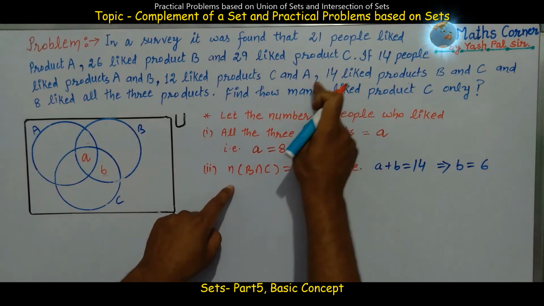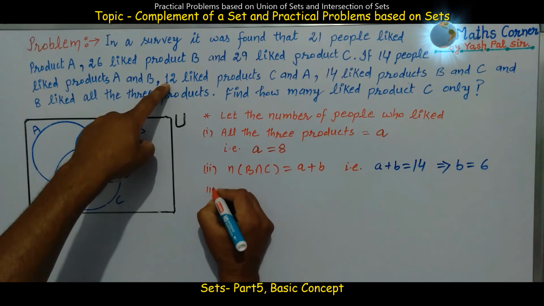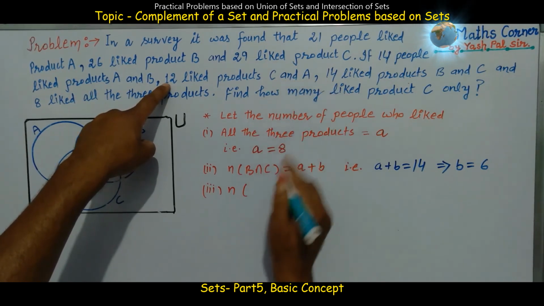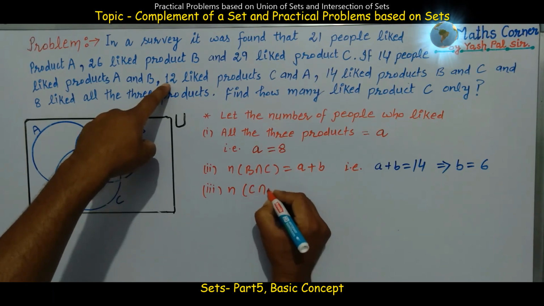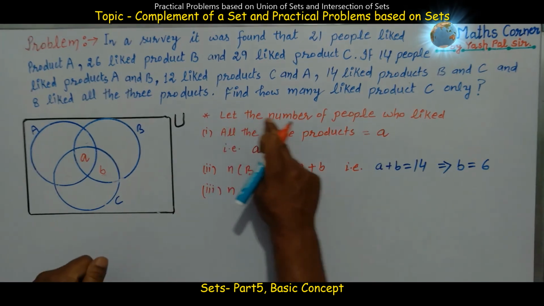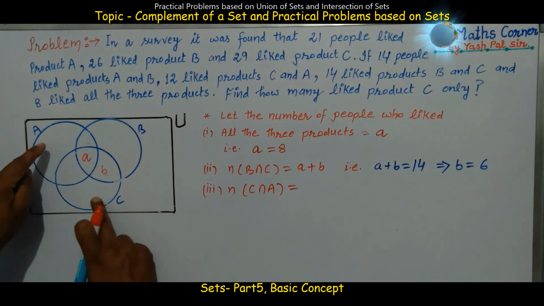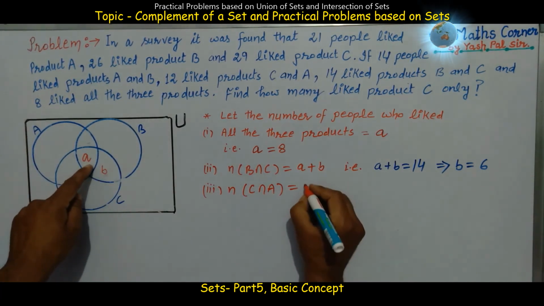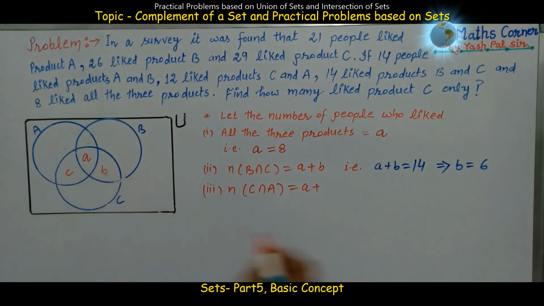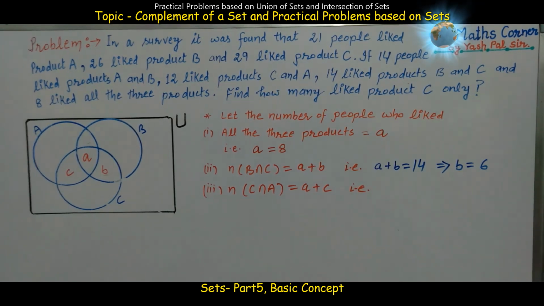Similarly, coming backward, 12 liked product C and A. So the number of people who liked products C and A, the intersection, is A plus C, where C is the new part.